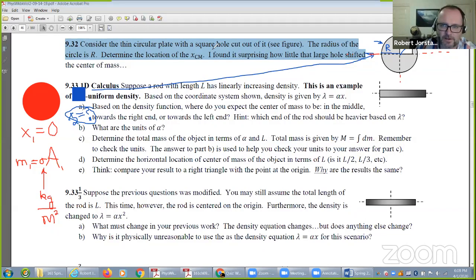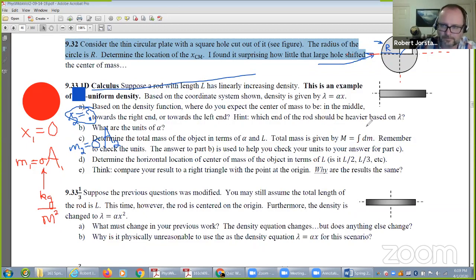This blue one here, you could think of it as having negative density. You could think of it as being antimatter, and this is matter. The red is matter, the blue is antimatter. Whatever, the fact is we could get M2 in a very similar way. M2 is sigma times area 2. And so that's a way you could get the mass.